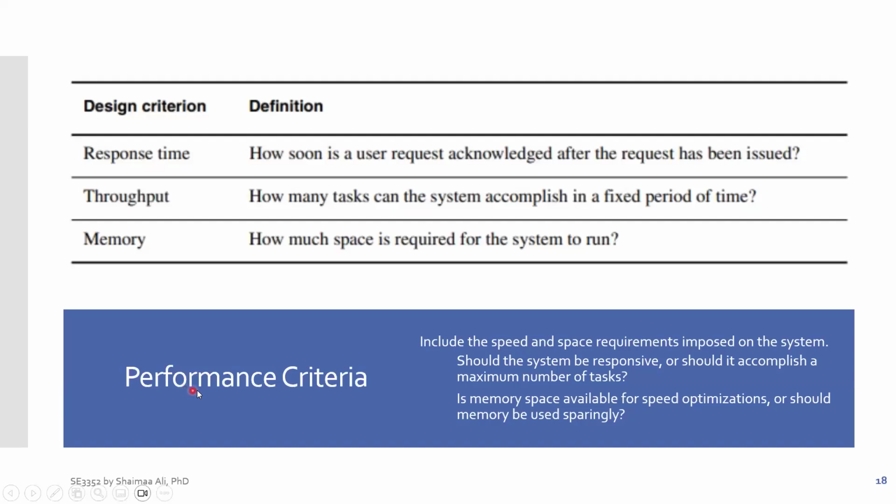Now for the performance criteria, they are generally related to speed or space. Response time is the time between when a user initiates an action and when the system responds to the user. Modern systems often have very high expectations of response time.